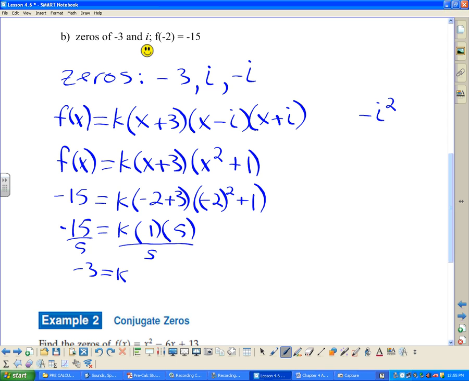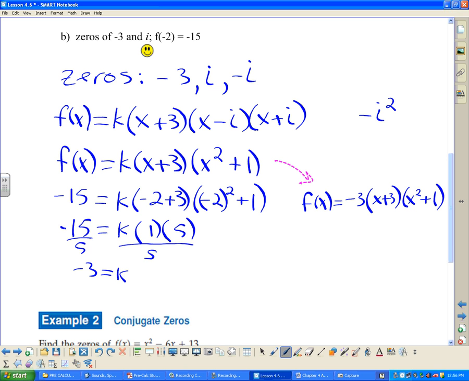So if I want real coefficients for my answer, it will come from here, and we will do f of x equals negative 3 times x plus 3 times x squared plus 1.